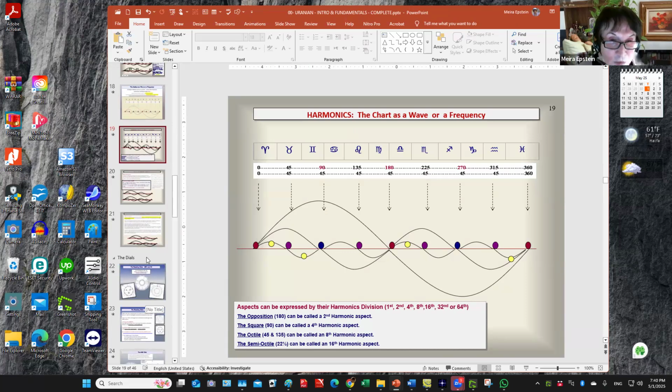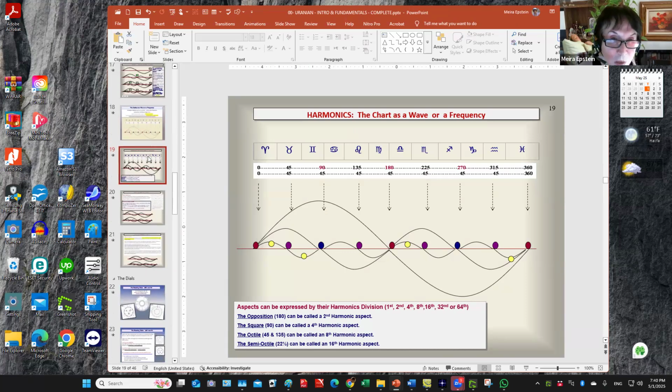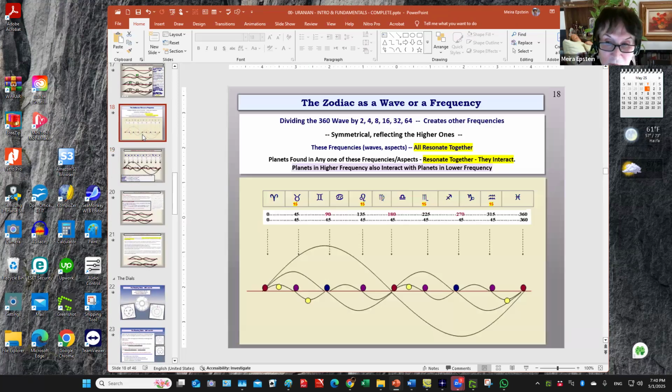So I'm done with that explanation, with showing how the hard aspect is a series of numbers all contained within one another. 45 is included in the square, and the square is included in the opposition, and the opposition is included in the total wheel. See, they're included in one another.